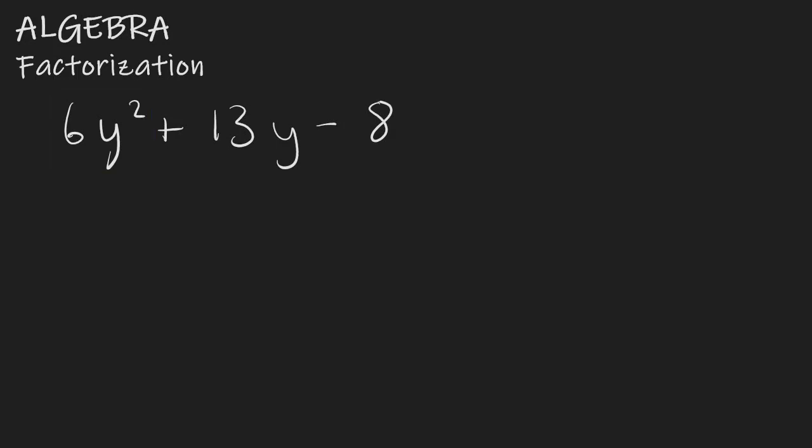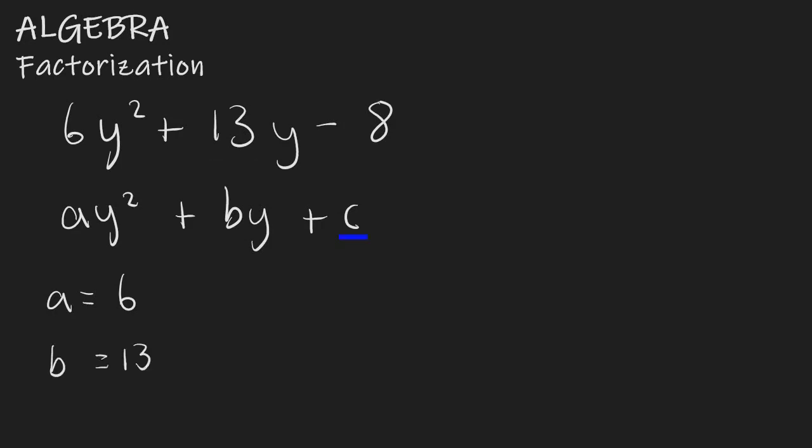We know that this expression is in the form ay squared plus by plus c, where a is the coefficient of the y squared term. In this example, this is 6, where b is the coefficient of the y term. In this example, this is 13, and c is our constant. In this example, this is negative 8.